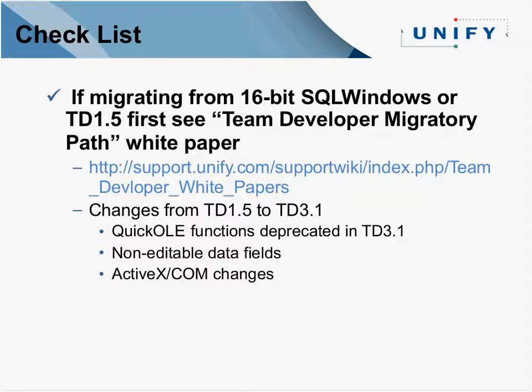And if you're migrating from 16-bit SQL Windows or Team Developer 1.5, for instance, we strongly recommend that you look at this white paper because it has lots of information on things that changed from the 16-bit to the 32-bit SQL Windows and then changes that happen all the way from Team Developer 1.5 to 5.x. So it's really important that you take a look.